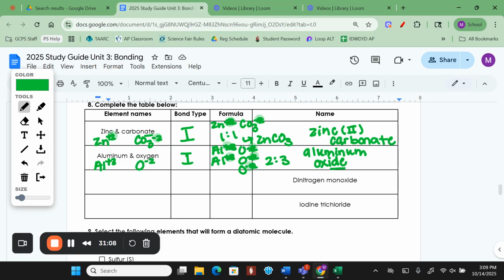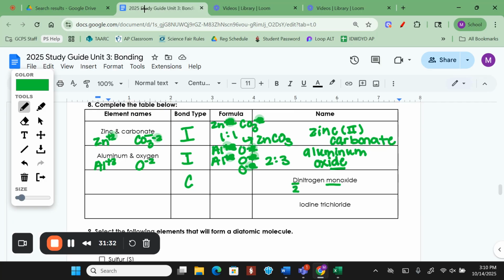Dinitrogen monoxide. So dinitrogen monoxide contains something that's called prefixes. Prefixes are things that go with covalent bonds. We'll talk about some prefixes in just a second. Prefixes tell you how many atoms of that element are in the compound. So di is 2.